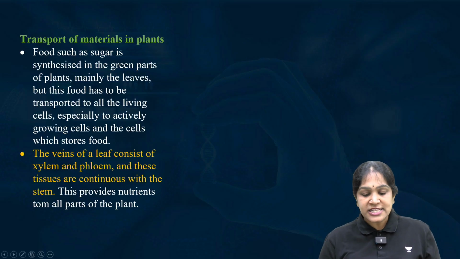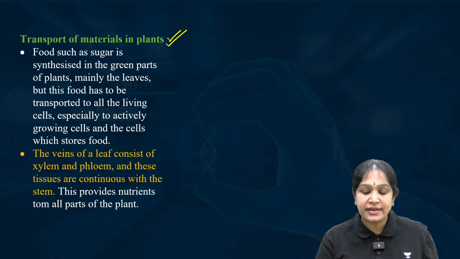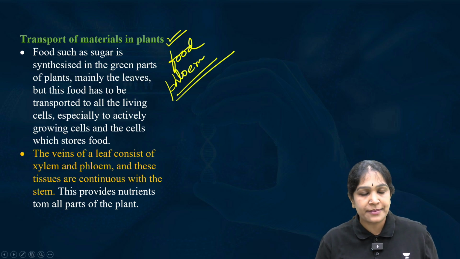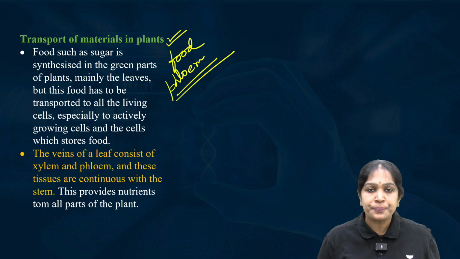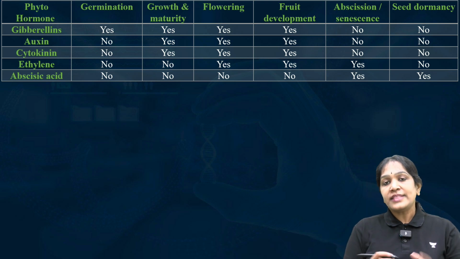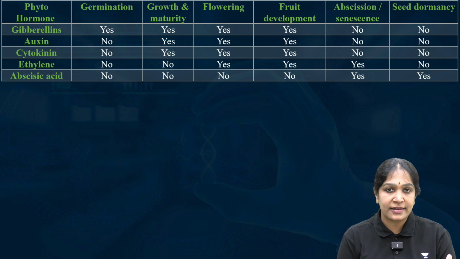Okay. Then transport of the materials. I already told you the transport of food material, that is the glucose, occurs through phloem. Water transport through xylem, food material transport through phloem, right? Okay. Now, with that we completed the transport of material.